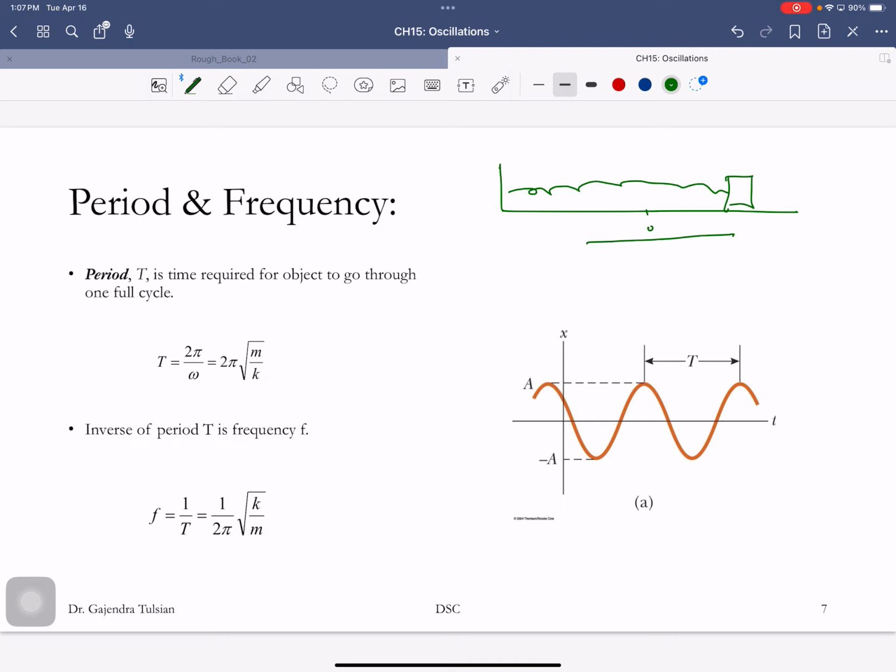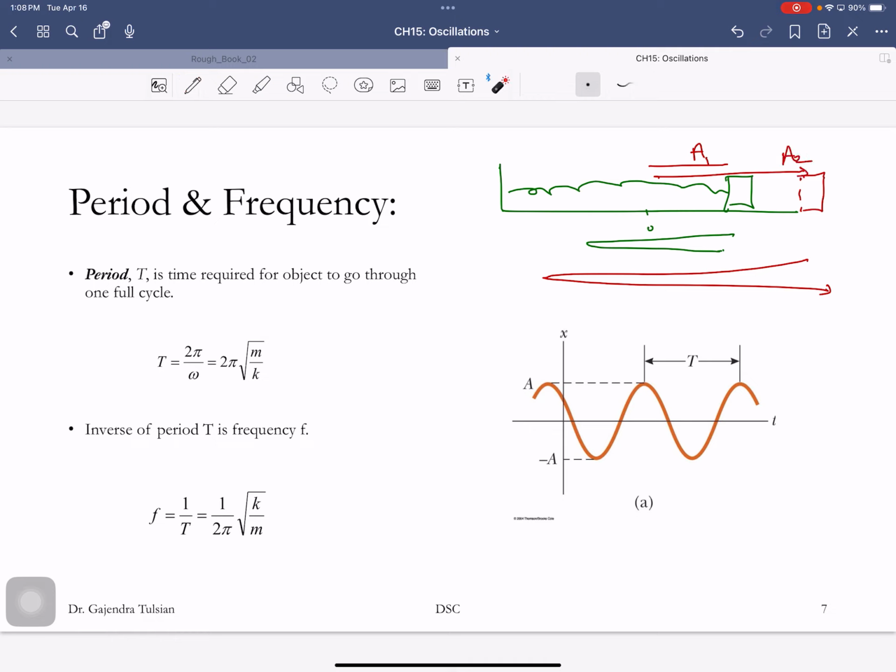Here is one oscillation. How about for this oscillation? What is the period for this oscillation? So this is the amplitude, A1, A2. See, the amplitude doesn't come in the formula. The period is the same for this oscillation as it is for this oscillation.